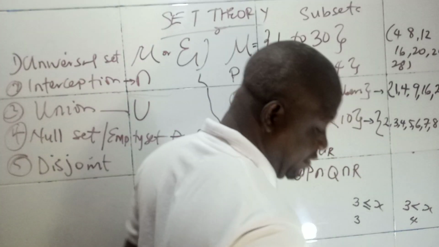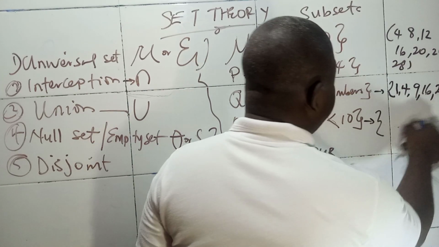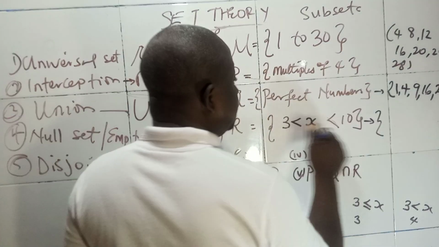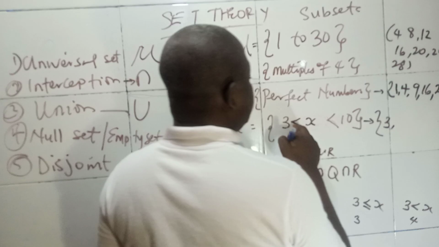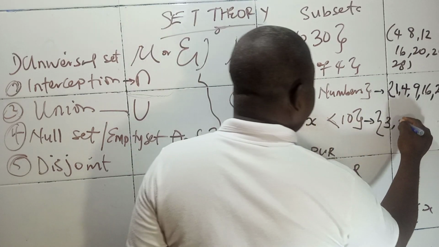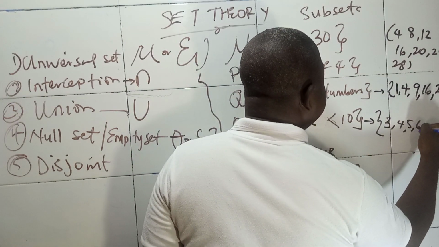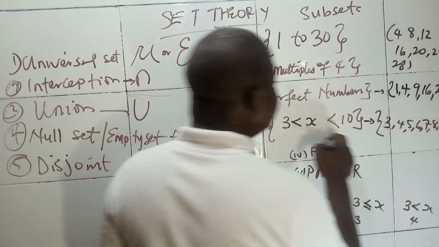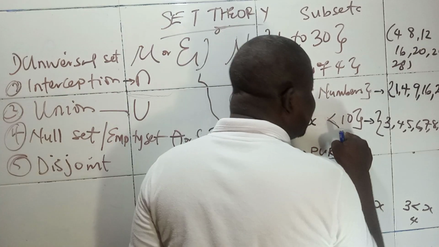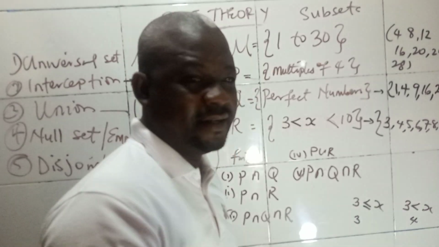So if I want to interpret this now, I will have 4, 5, 6, 7, 8, and 9, because I said x is less than 10, but not equal to 10.